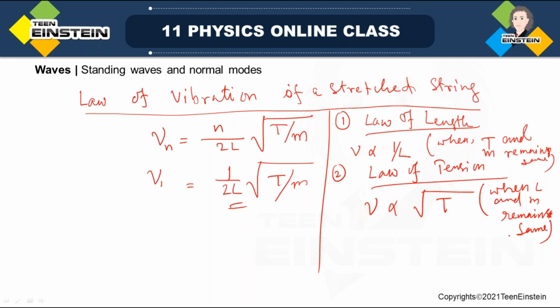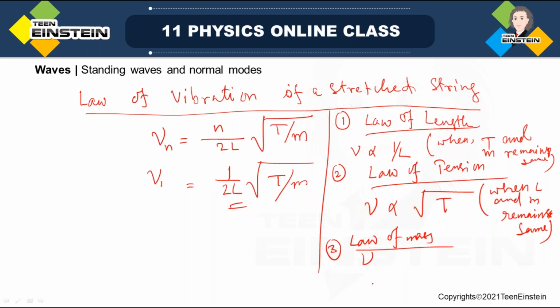The third one is obviously with the mass per unit length. So this is the law of mass. These are three laws of vibration of a straight string. What is the law of mass?